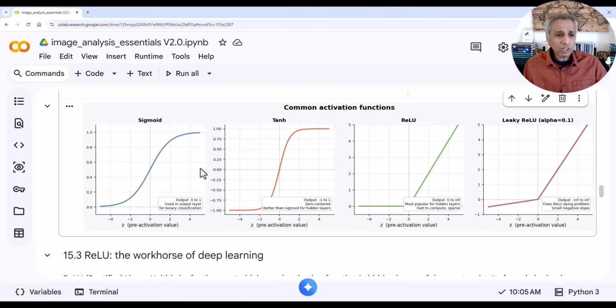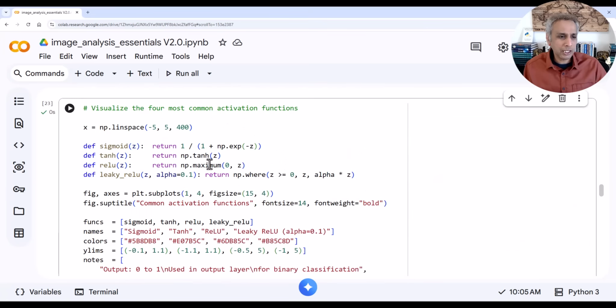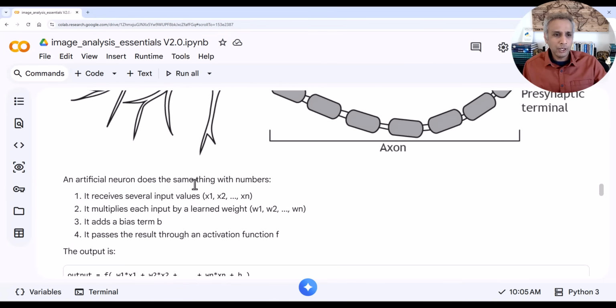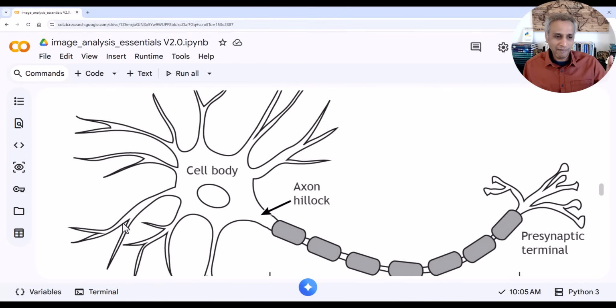So these are the common activation functions, sigmoid. What in the world does it even mean? What am I talking about? Activation functions. Well, let's take a step back here. We do this math. I hope this makes sense. So you have a neuron and you have a value of x1 and a weight of w1: w1 x1 plus w2 x2, blah, blah, blah, whatever, and plus b, you get some output.